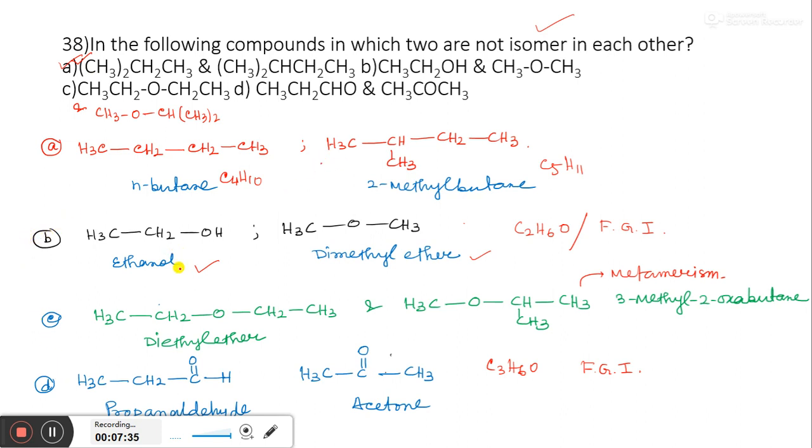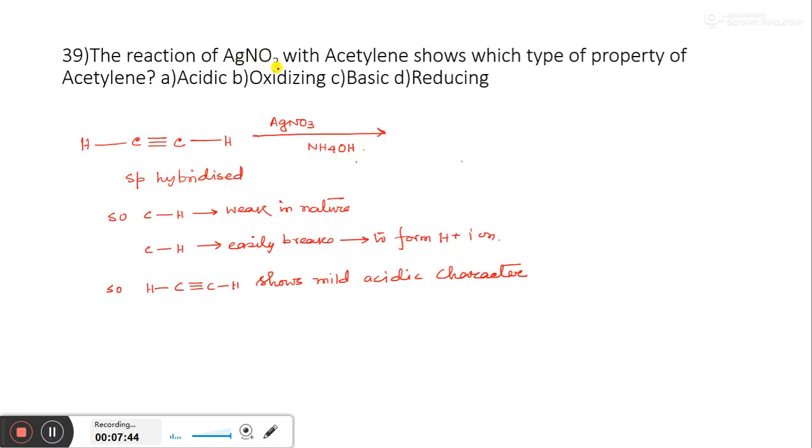isomers of each other. The next question of the NTSE 2020 exam, the chemistry question: the reaction of silver nitrate with acetylene shows which type of property of acetylene? Acidic property, oxidizing property, basic property, reducing property.